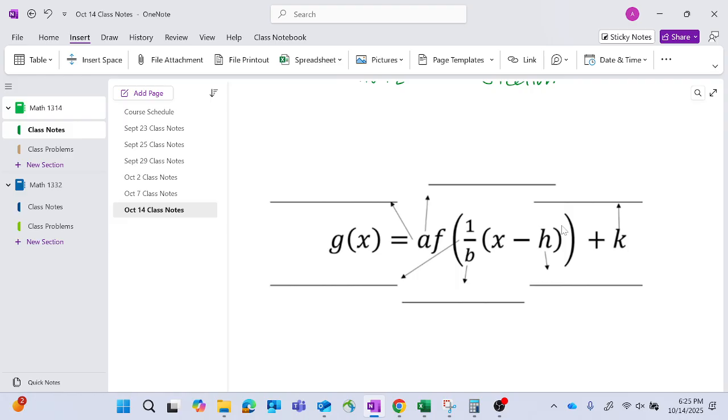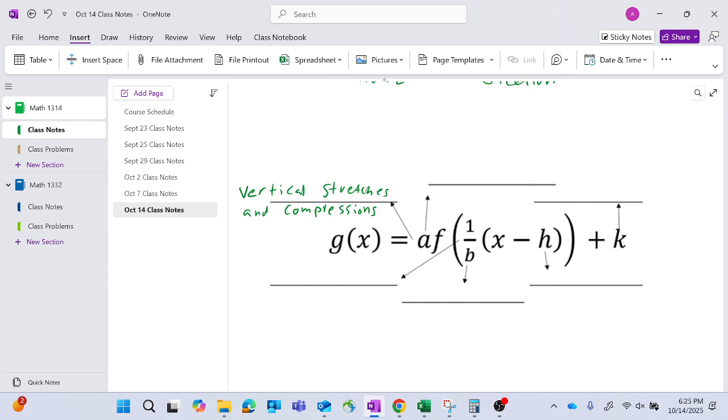Okay? So the a term, which is right in front of the f of x, is going to be vertical stretches and compressions, or shrinks, whatever word you want to use, it means the same thing. I call it compressions. That's what the number in front of the whole function will tell you.